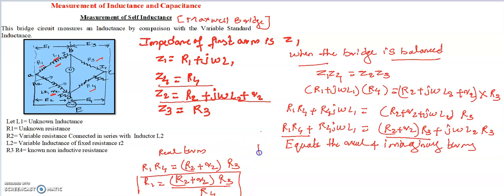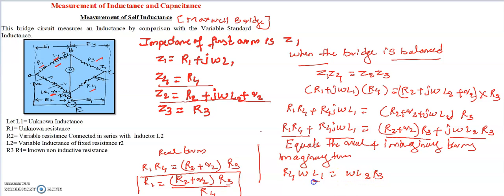Now let us equate the imaginary terms. The second term has to be equated with the right hand side, so we write R4 j omega L1 equals j omega L2 R3. The j will get cancelled.